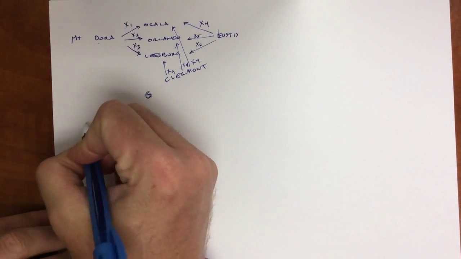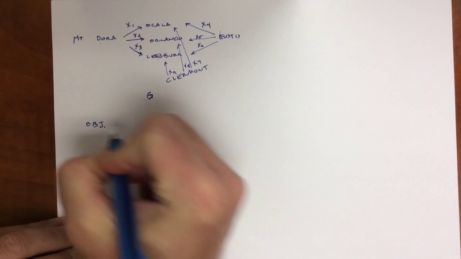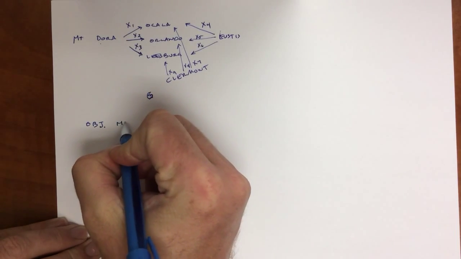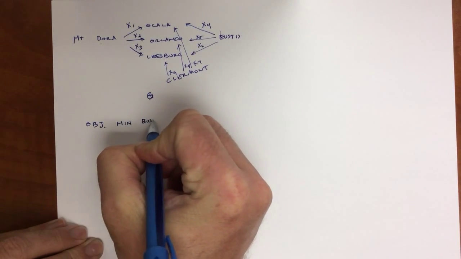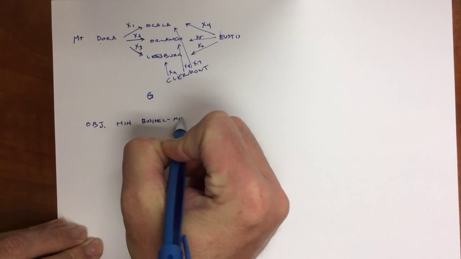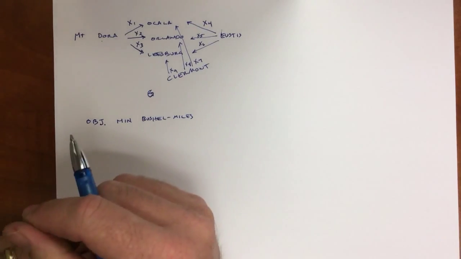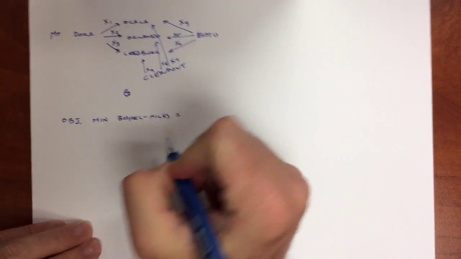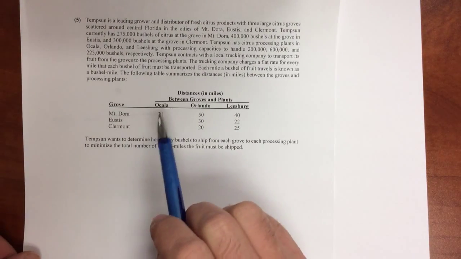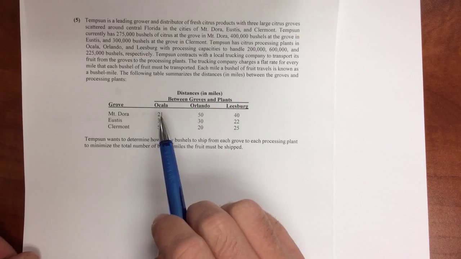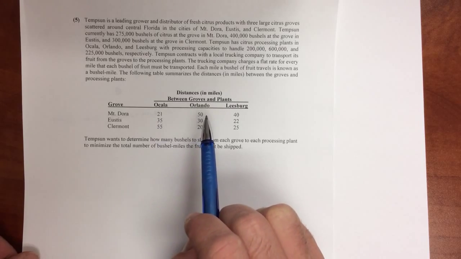Now let's define our objective. So our objective is to minimize bushel miles. That is, minimize the number of miles that each bushel needs to travel. Well, to do this, we were given the distance between Mount Dora and Ocala, so this is going to be just 21 times x1 plus 50 times x2 plus 40 times x3.